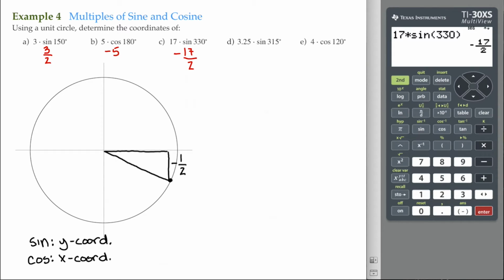Let's try letter D. The sine of 315 degrees. 315, that is 45 degrees less than 360, or 45 degrees more than 270.